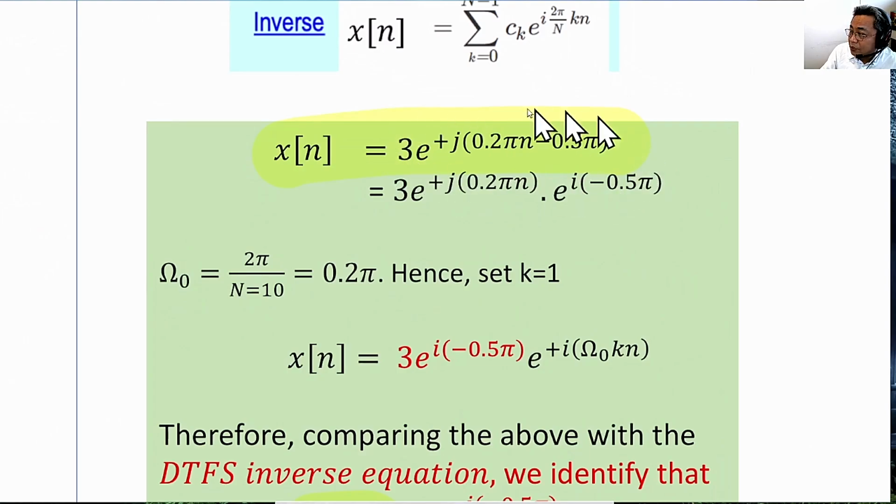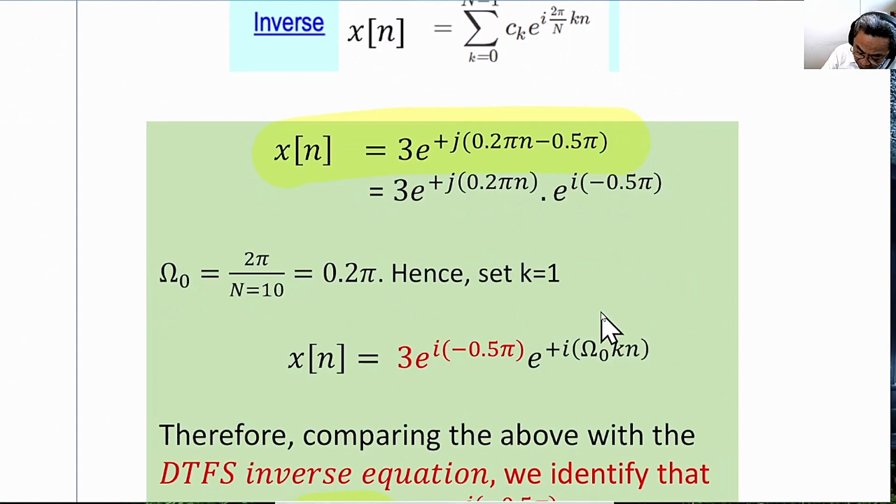We can rewrite this equation by breaking down this block into two different parts: one exponential multiplying by the other exponential. We then bring these guys in front. So this is 3e^(-j0.5 pi), well, I and j are the same, and then 3e of these frequencies.